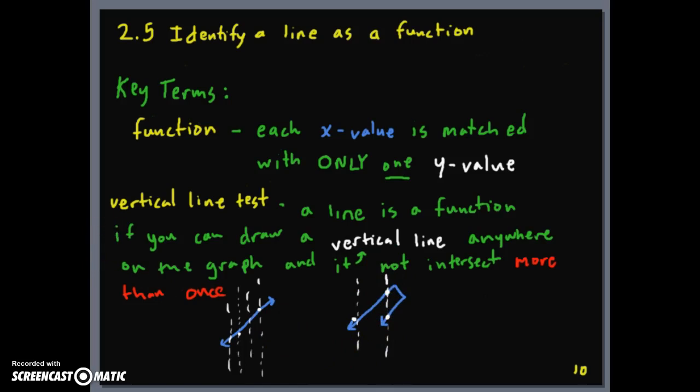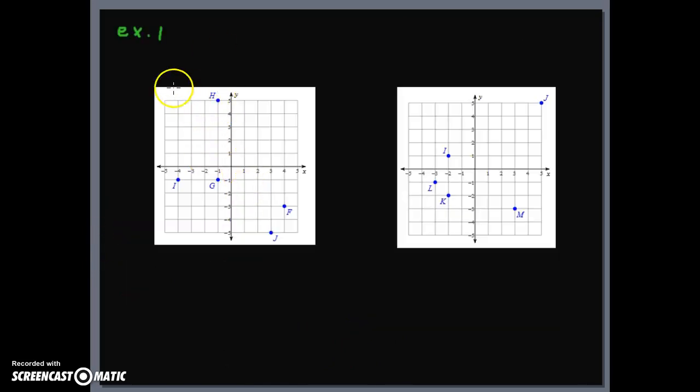Let's go ahead and get into a couple examples today. We've seen this before where we've given the coordinate plane with just points on it, and we drew vertical lines down each time we saw a coordinate point, just to see if there was only one point on that line. So passes, there's only one point on this line. This line right here, where h and j are both -1, does not pass because x has two y values.